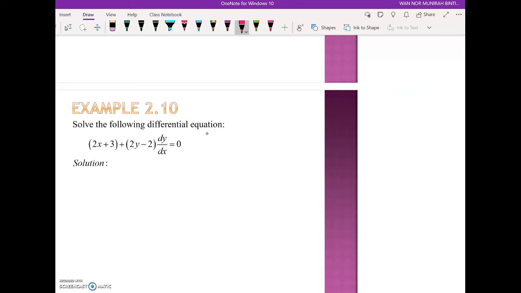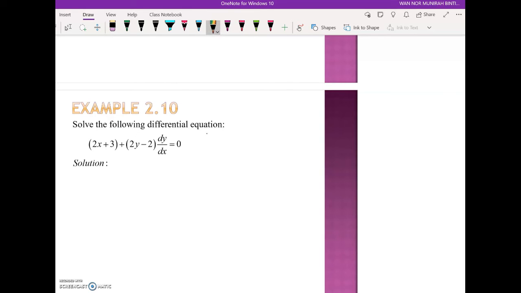If I rearrange this equation in the form of dy dx equals something over there, I will never get a homogeneous equation, because when you substitute lambda there, you cannot cancel out both numerator and denominator. This is also not separable and also not a linear equation. So let's try the exact equation.